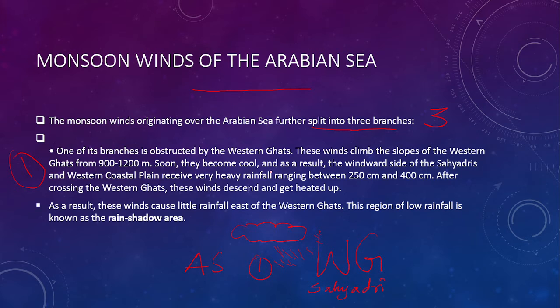Soon they become cool, and as a result, the windward side of the Sahyadris and the western coastal plain receive very heavy rainfall ranging between 200 cm and 400 cm. After crossing the Western Ghats, these winds descend and get heated up. As a result, these winds cause little rainfall east of the Western Ghats. This region of low rainfall is known as the rain shadow area.